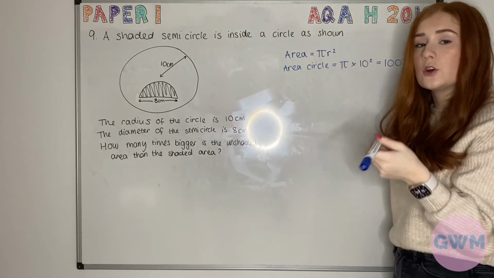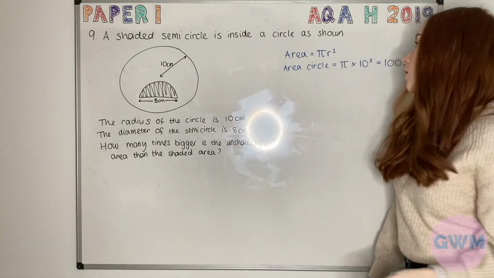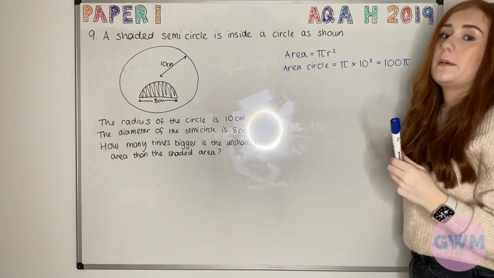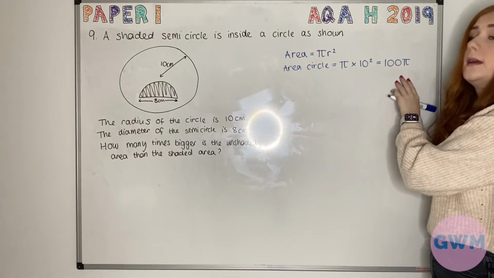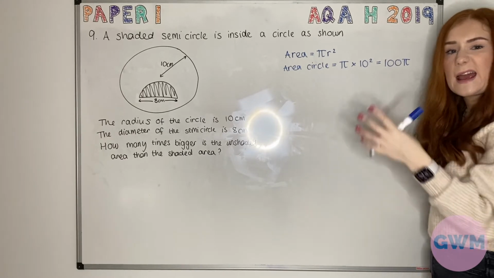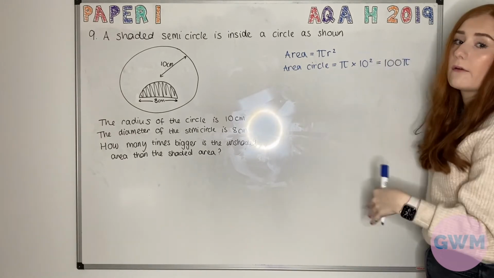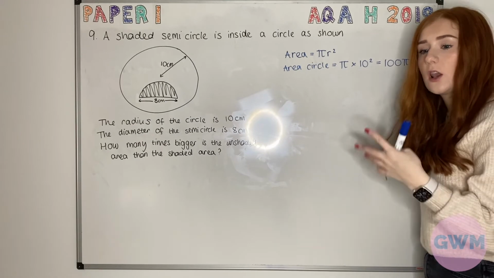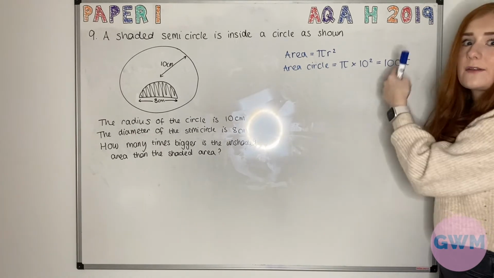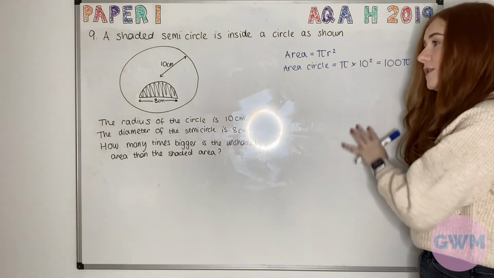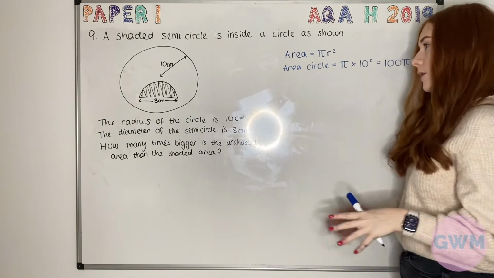Now some of you will know pi is 3.14, but because it's a non-calculator paper, it's okay to leave it as pi and have it kind of like an X or a Y. It's just a symbol that you carry through your calculations. It'll make it a lot more straightforward than timesing everything by 3.14 and trying to continue that decimal through. That will get awfully complicated.